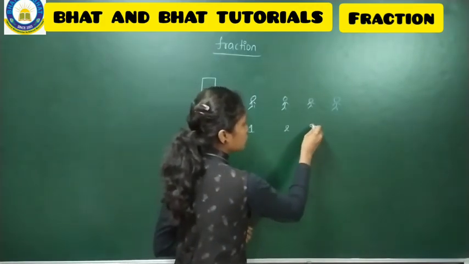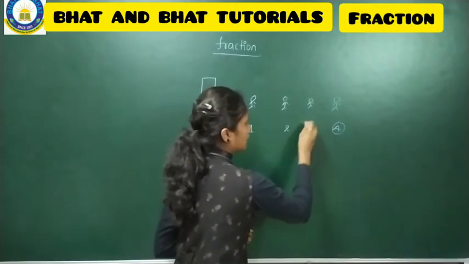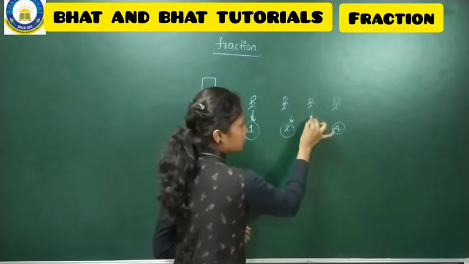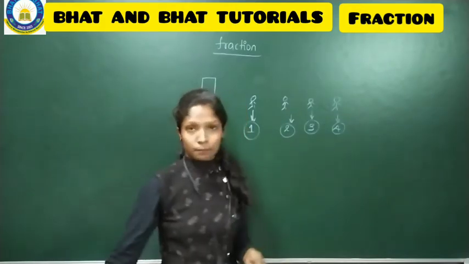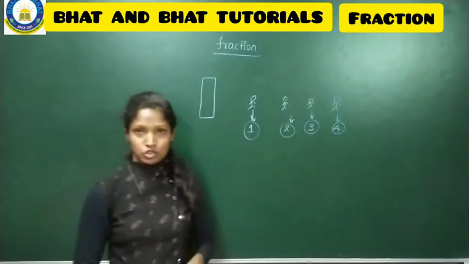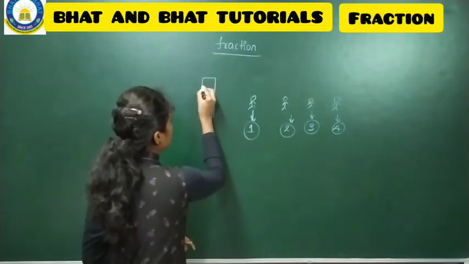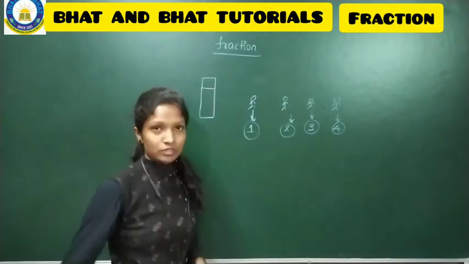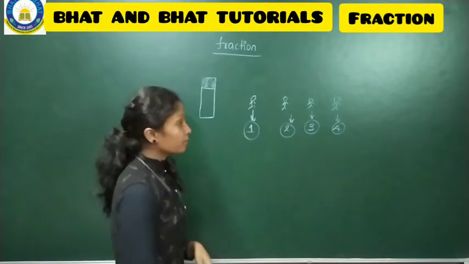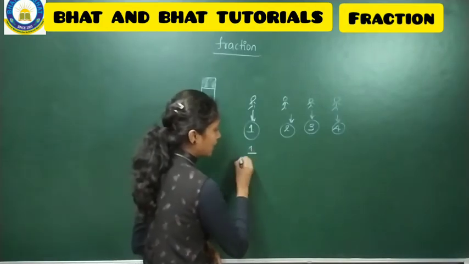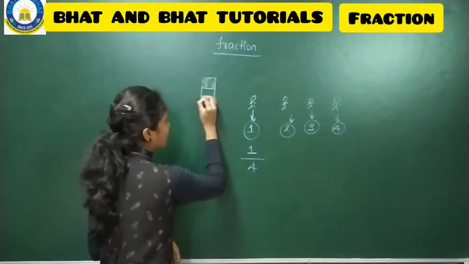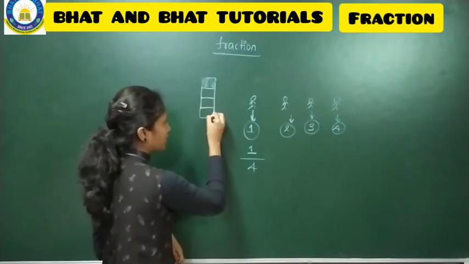So how many people are there? One, two, three, four. And there are four people. This is person number one, person number two, person number three, and person number four. And when I want to share the chocolate, how shall I share it? So, in this chocolate, one part will be given to the first person. That means one part has been shared out of the four parts. So first I have to make the parts, right?